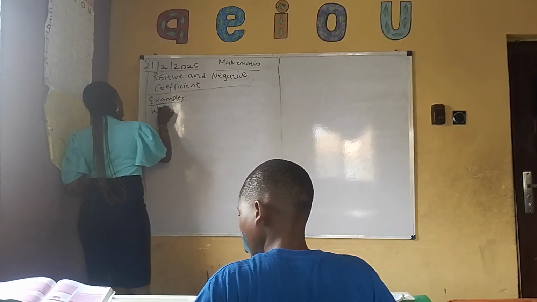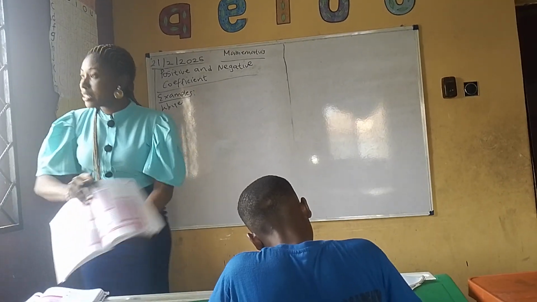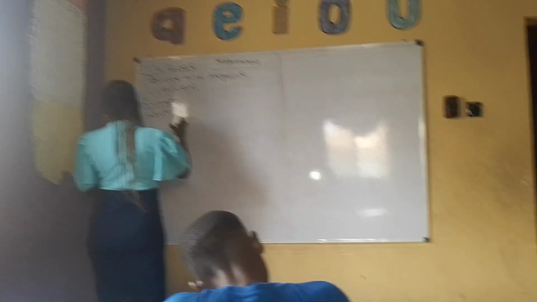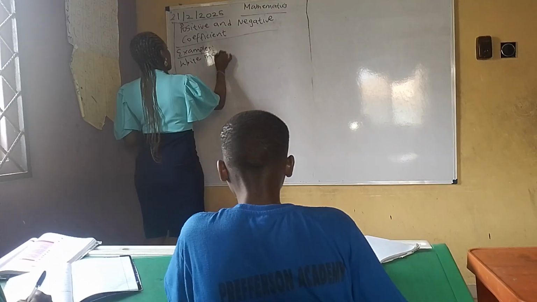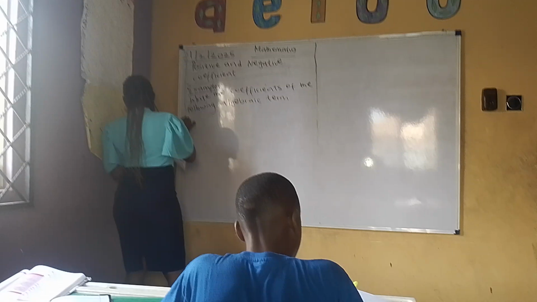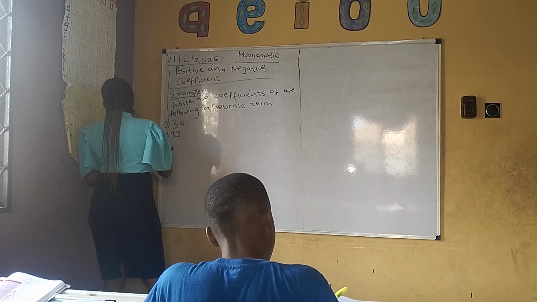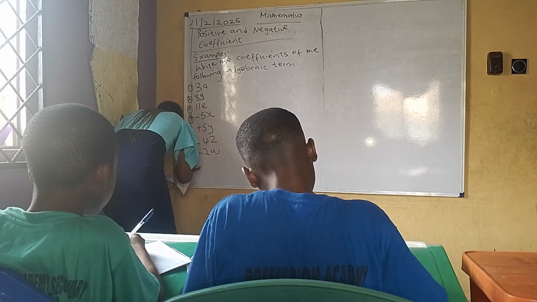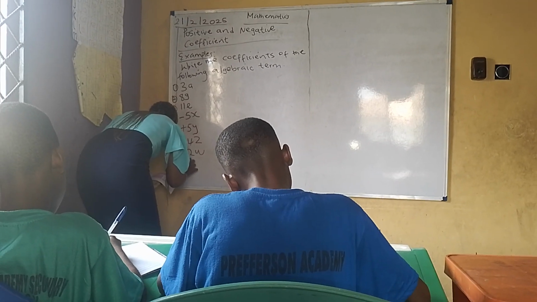It says write the coefficient of: 3a, 8g, 1/3 of x.